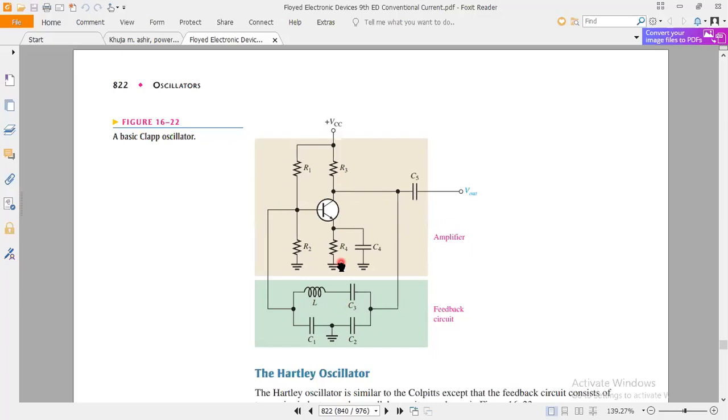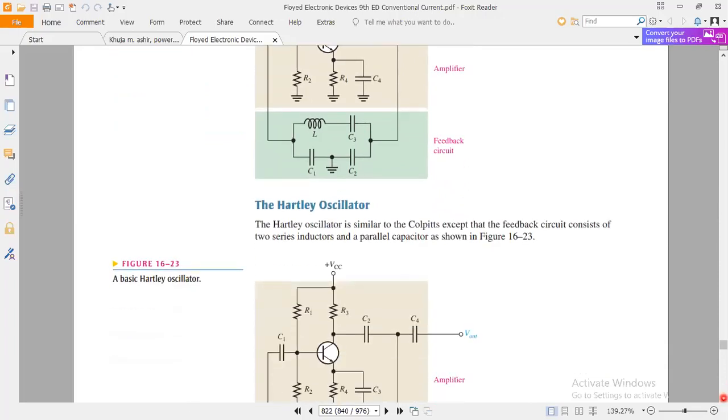So in the Clapp and Colpitts oscillators, the single difference is a capacitor connected in series with inductor L. Due to this modification of C3, the resonance frequency is controlled only by this capacitance, so this change also appears in the resonance frequency formula of the Clapp oscillator. That is a modified form of the Colpitts oscillator.